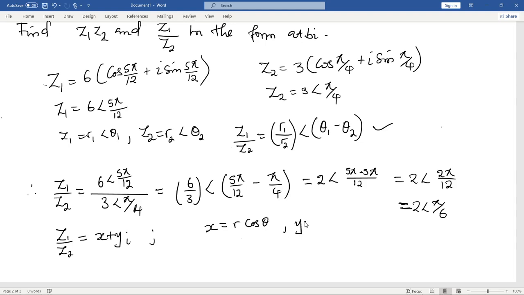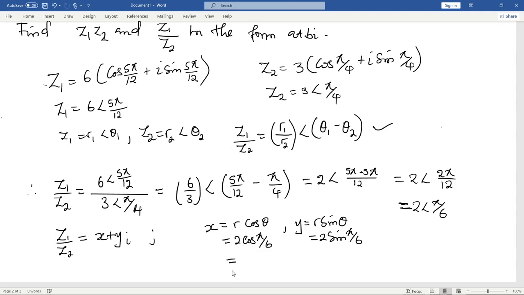Then the value of y is r sin theta like this. So we know that our modulus is 2 here, cos pi over 6, and this side 2 here, sin pi over 6 like this.